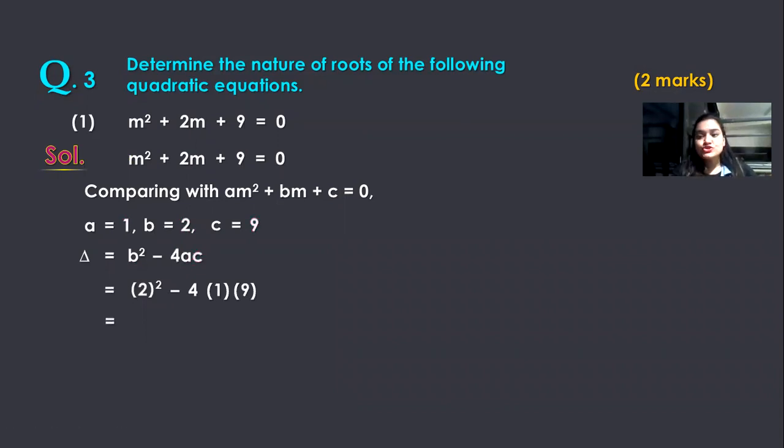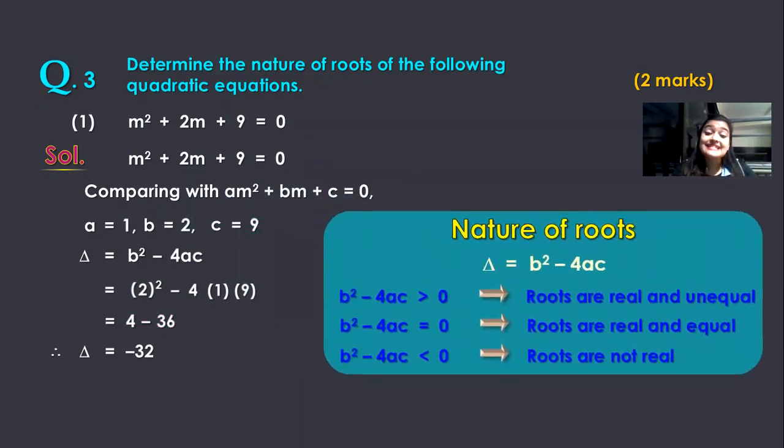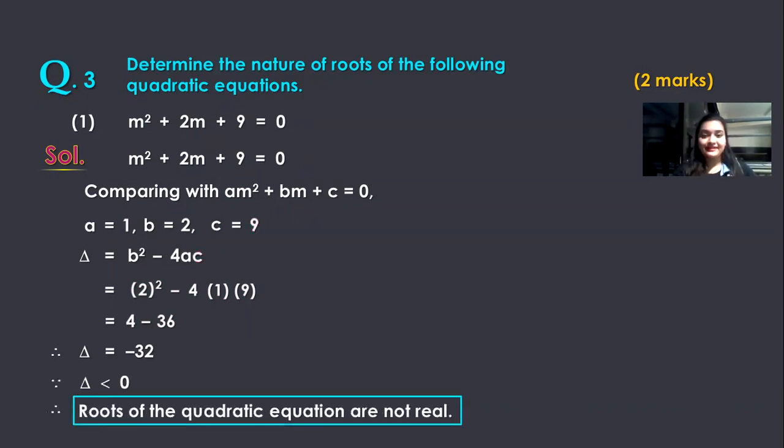So guys, 2 square will be 4 minus 4 ones are 4, 4 nines are 36. 4 minus 36 will give you minus 32. The answer over here is negative, that is it is less than 0. Delta is less than 0, so the roots are not real. Isn't it very easy? Okay, let's proceed further.